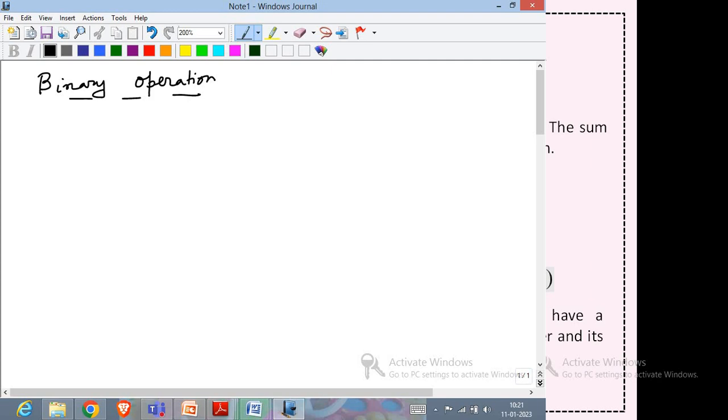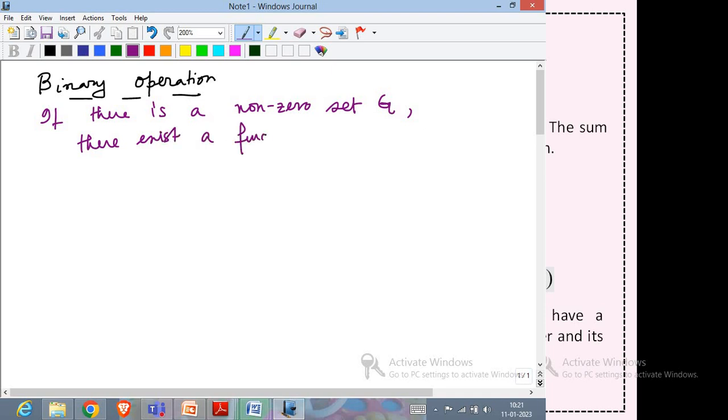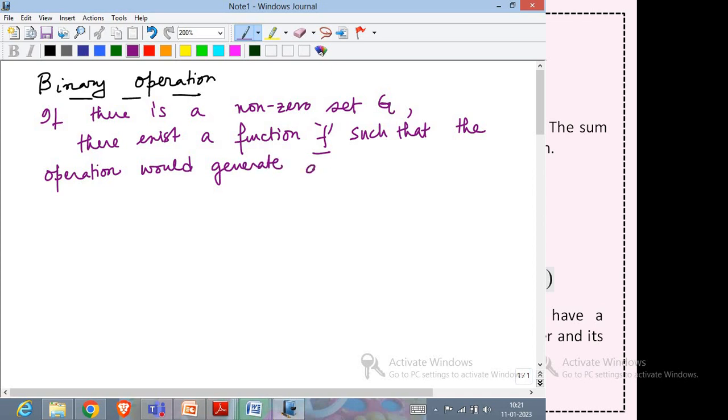Please make a note: if there is a non-zero set G, because G is what we are defining in the PPT as well, then the binary operation means, in general, that there exists a function, maybe we define it as f, such that the operation would generate a new element that belongs to G. So that's the definition of a binary operation.